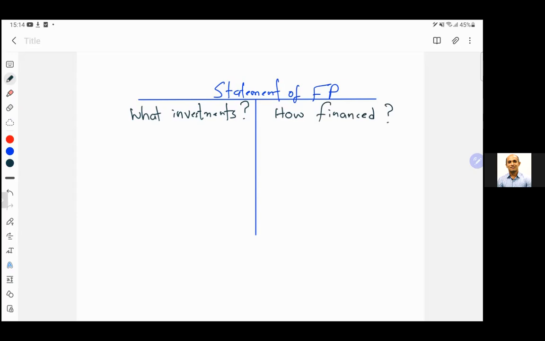So this is what logically you can see from the statement of financial position.